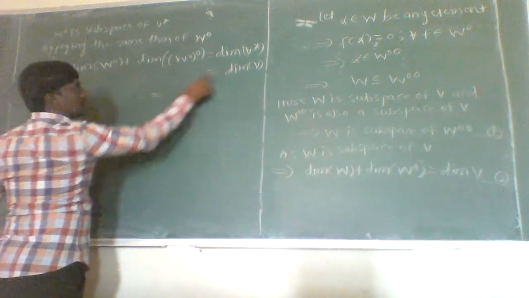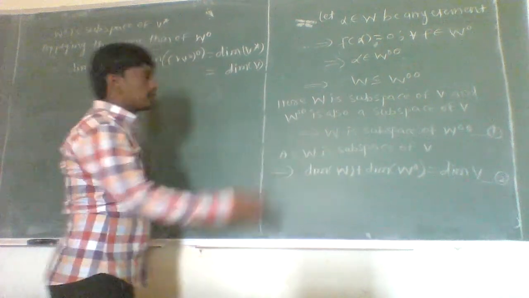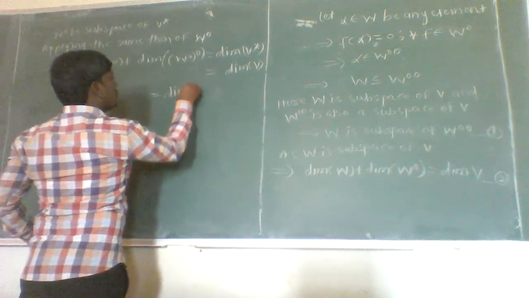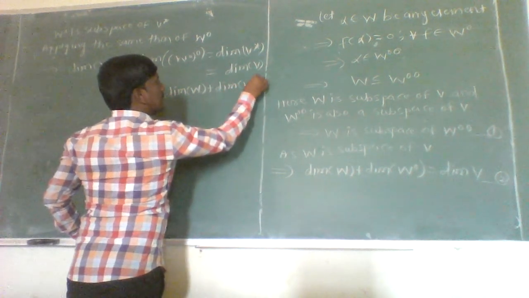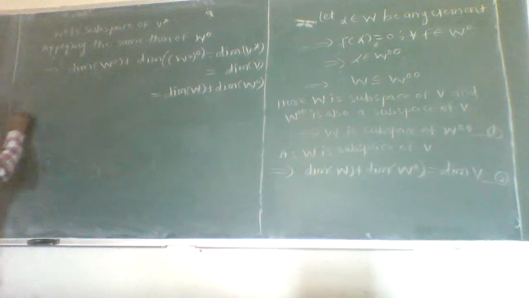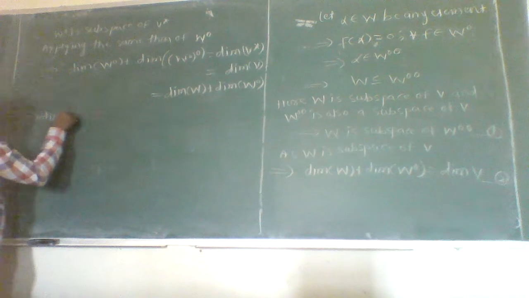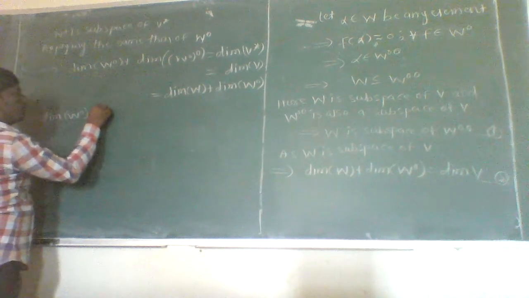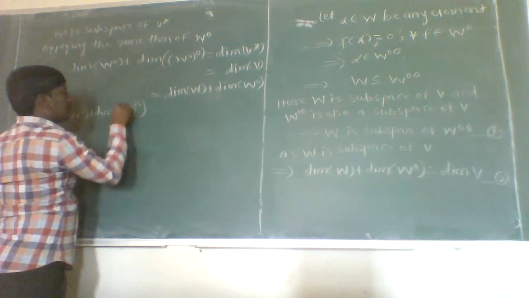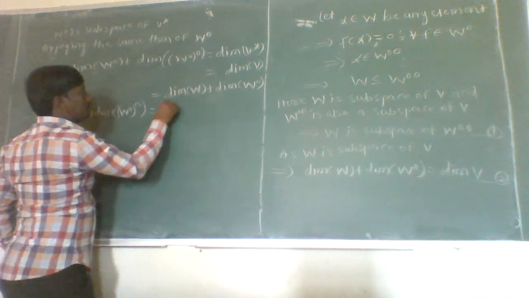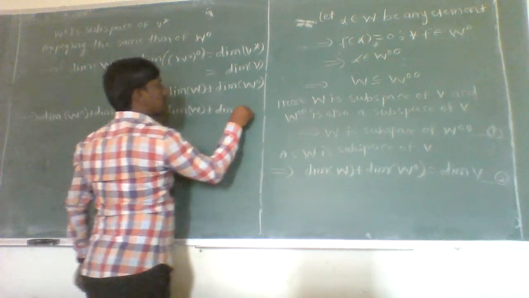But dimension of vector space V, from 2, is nothing but dimension of W plus dimension of W annihilator. So here we get dimension of W annihilator plus dimension of W annihilator of an annihilator, which is equal to dimension of W plus dimension of W annihilator.